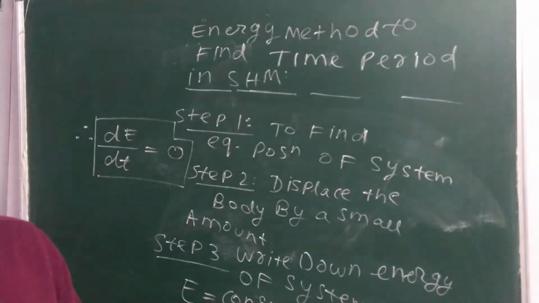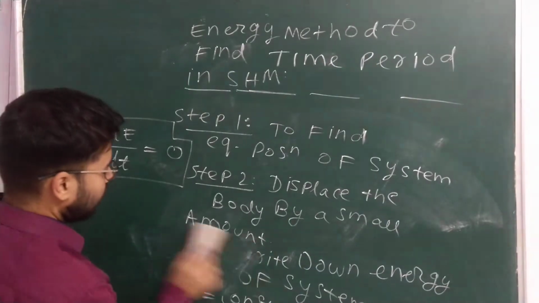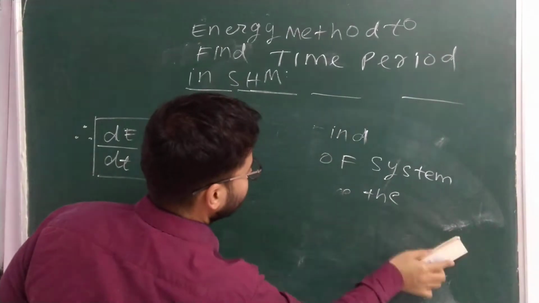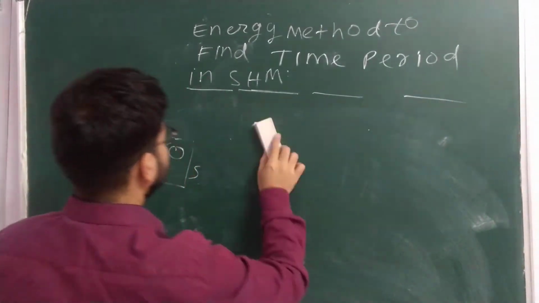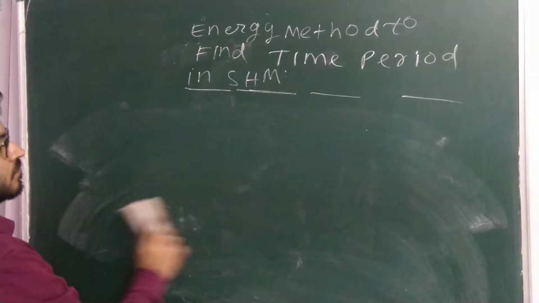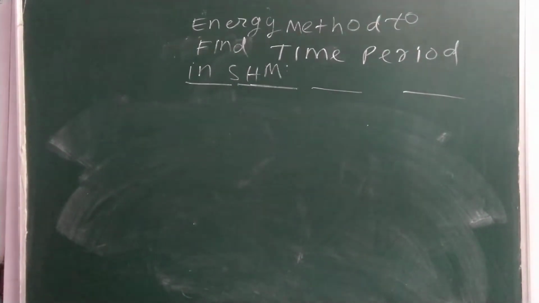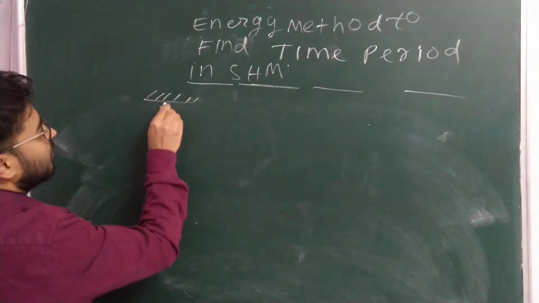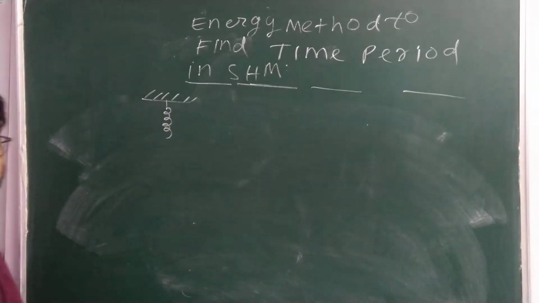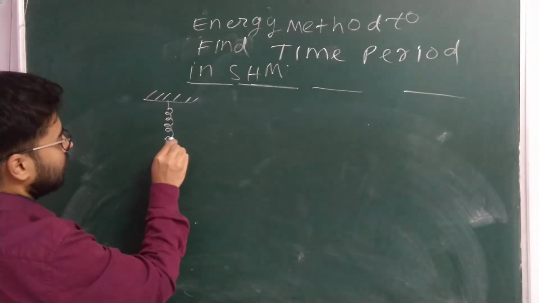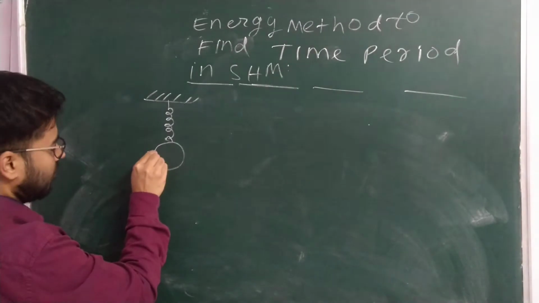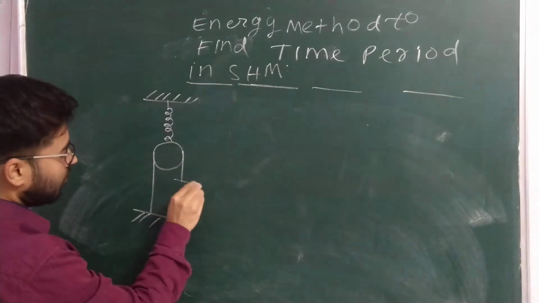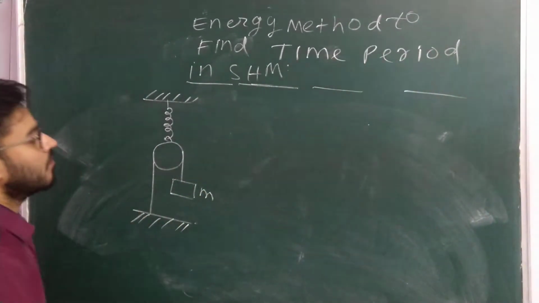Now let us consider one example for this. How do we calculate the time period using dE by dt equals 0? Let us see. I am considering this example. Let's say that we have a spring here, attached to a pulley, and let's say this is attached to a block whose mass is m.